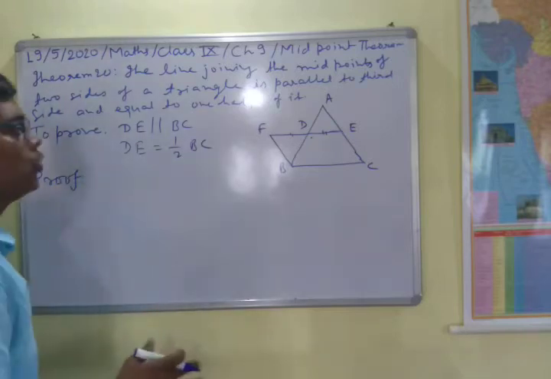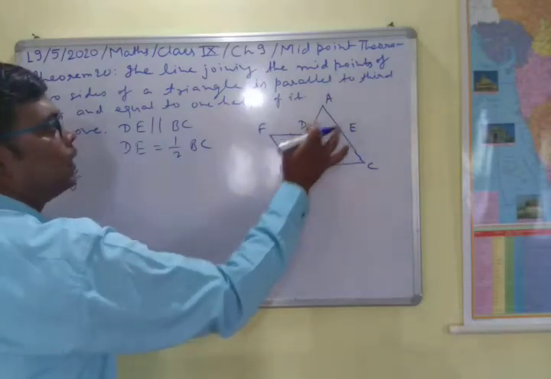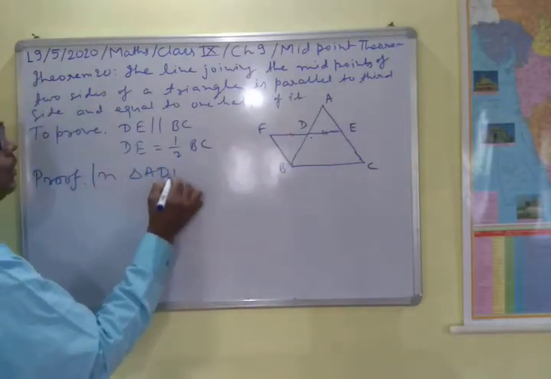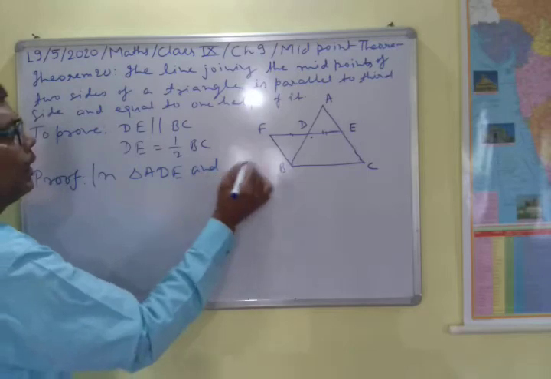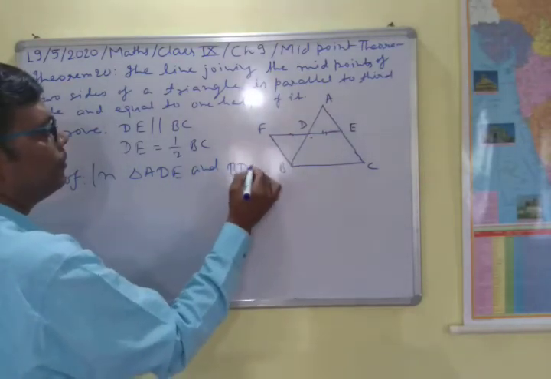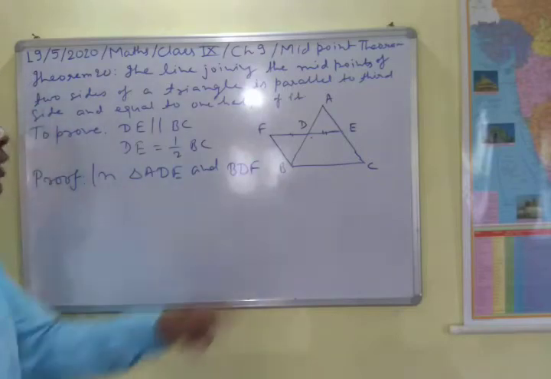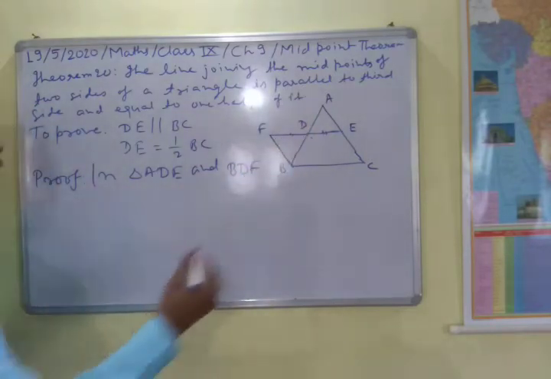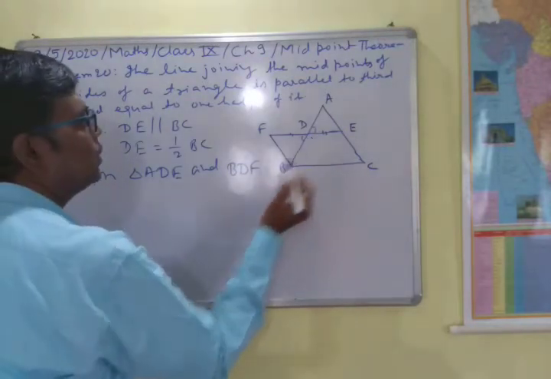Proof. So here we will take these two triangles, that is triangle ADE and triangle BDF. Okay, in these two triangles, we will show that these two triangles are congruent. So first, you can see that these two angles are equal.